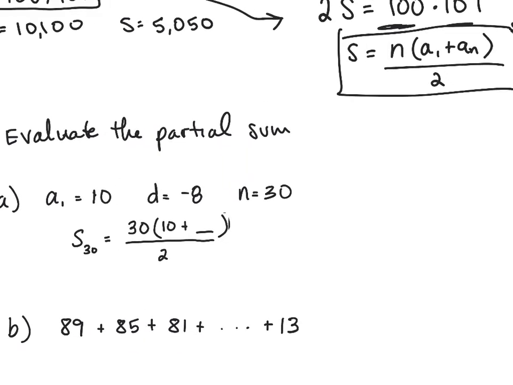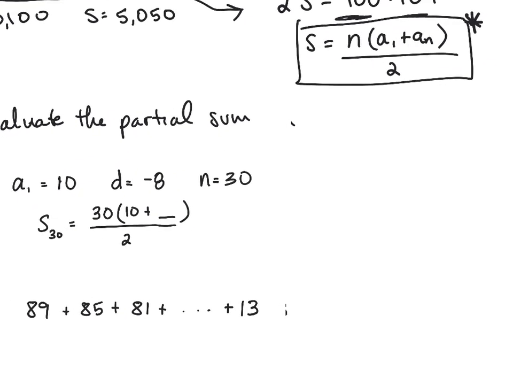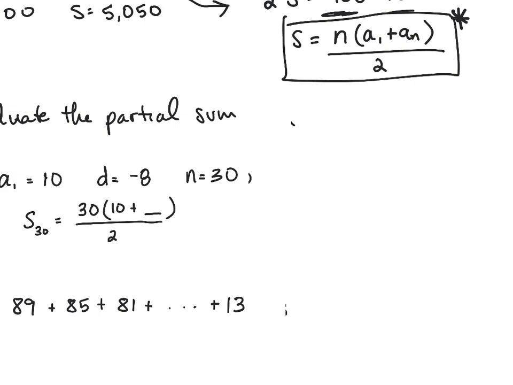So we knew that we were adding 30 terms together, and they gave us the first term, which was 10, but what they didn't give us was the 30th term. But we do have a common difference right here. D equals -8. So what we need to do to find that 30th term is to generate a quick explicit or nth term formula.